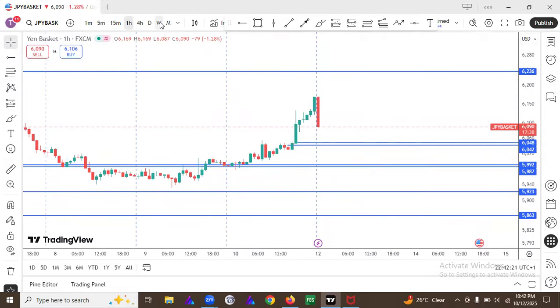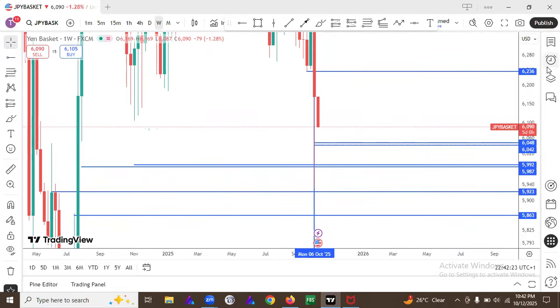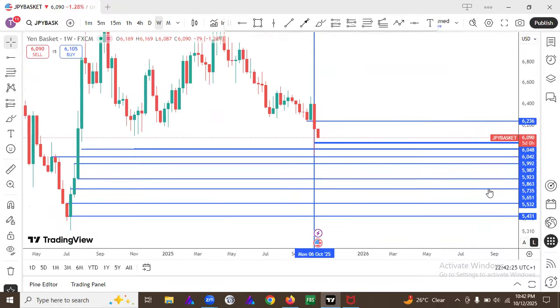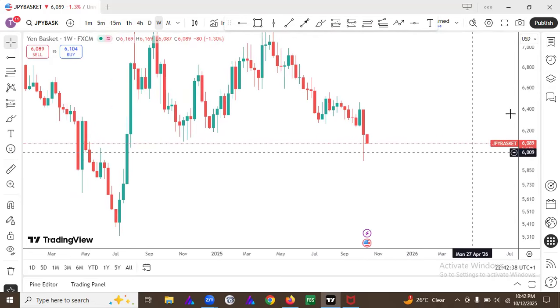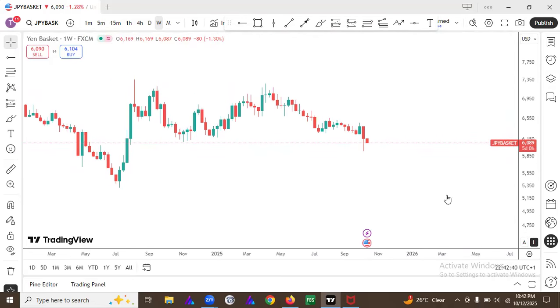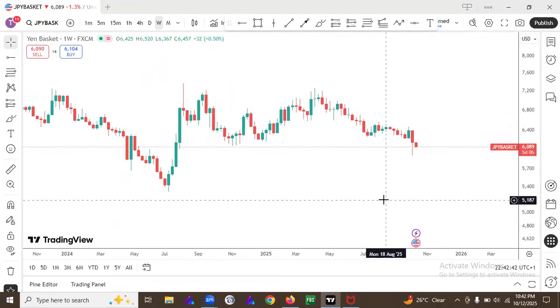So let's start with the weekly time frame. The week has started and yen is bearish. This is the weekly time frame.